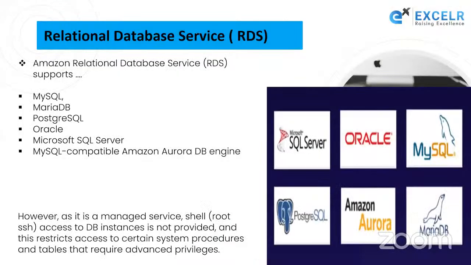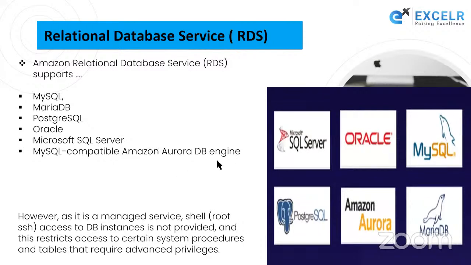So when I say RDS, it supports multiple database engines as part of your RDS offering. Under the service, you can create different types of databases. For example, you can create the open source MySQL, MariaDB, PostgreSQL, Oracle, Microsoft SQL, then the MySQL compatible Amazon Aurora DB engine.